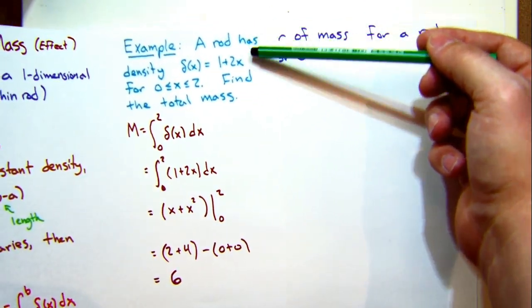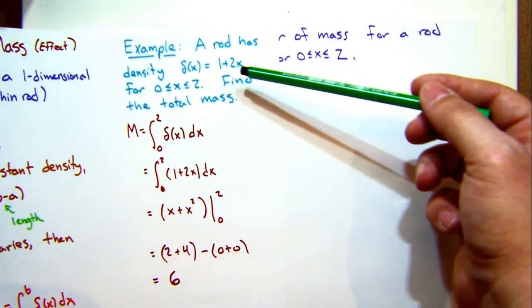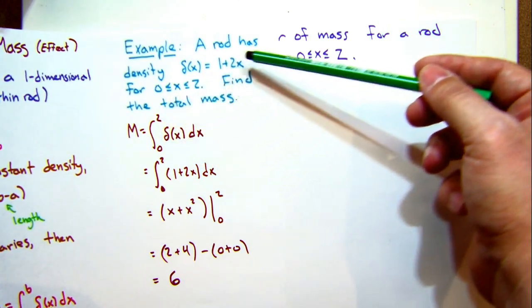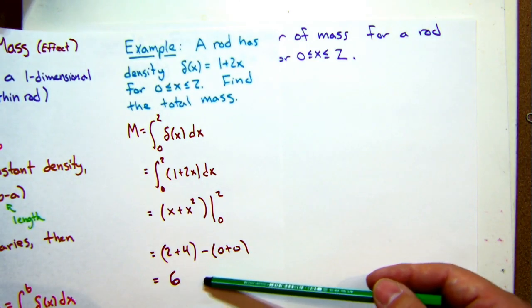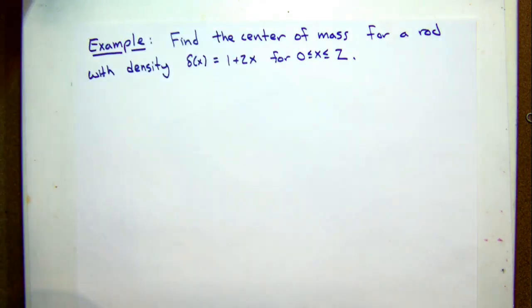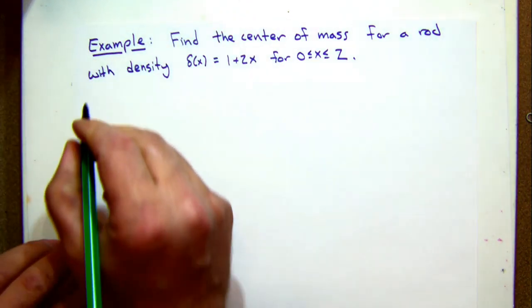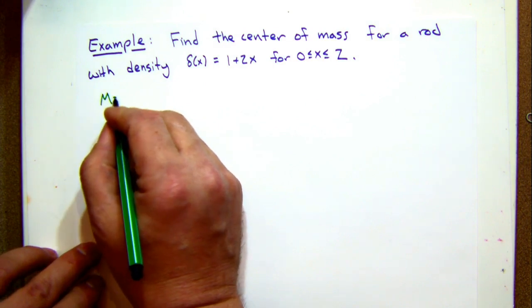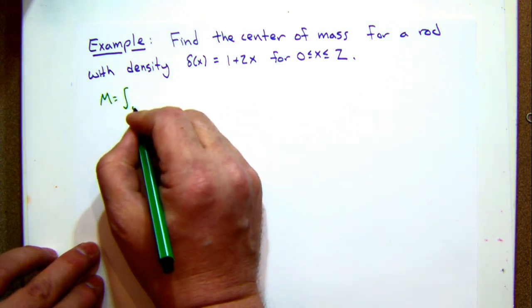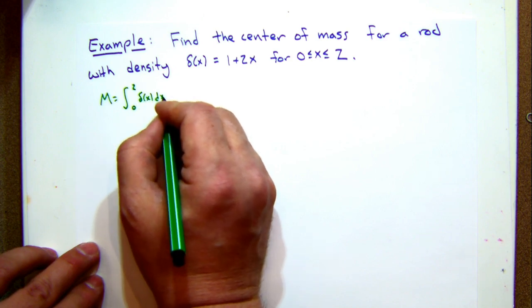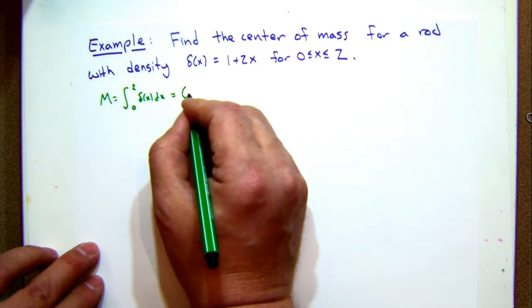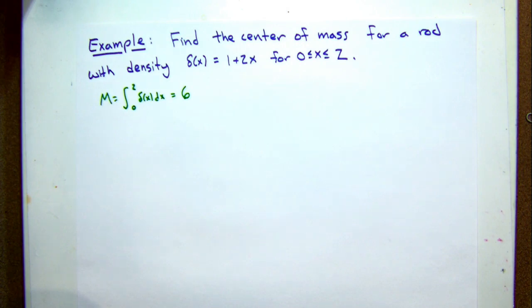In fact, we had this problem a few minutes ago, where you have this rod with density delta x equals 1 plus 2x, and you have to find the total mass. And we found it. It was 6. So we can save ourselves a little bit of work and just say mass, which is the integral 0 to 2, delta x dx, is equal to 6. All right, so we're halfway there.